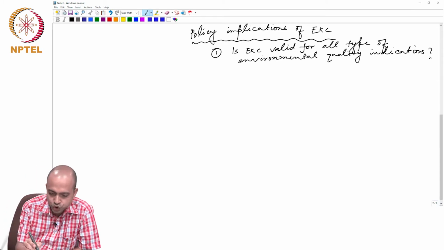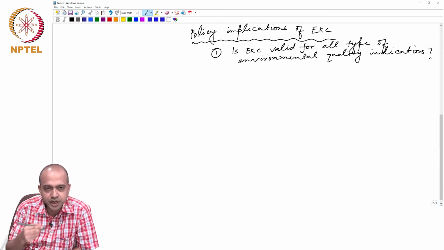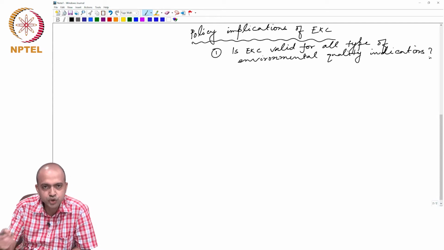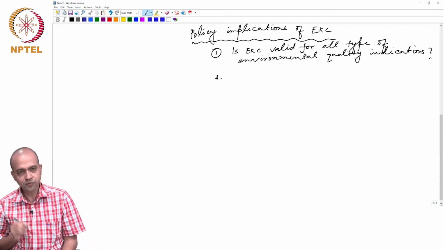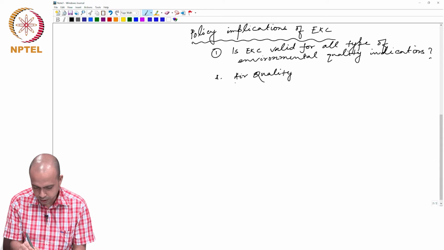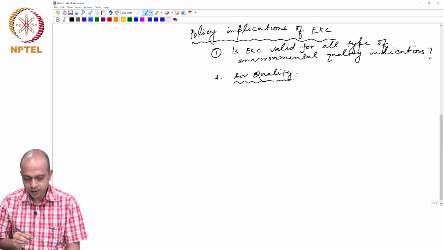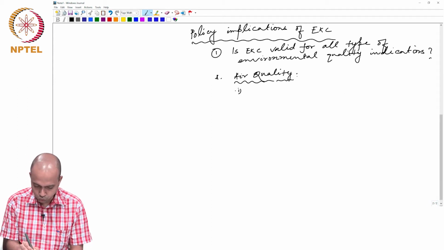To answer this question, we need to understand the different types of indicators that are used in the empirical literature for measuring environmental quality. First of all, the first indicator is air quality. And this air quality is again divided into two.